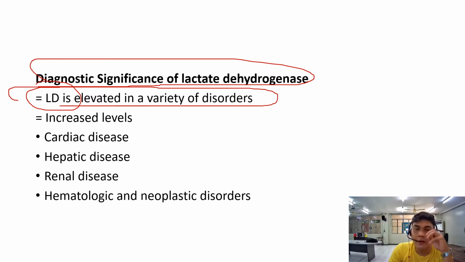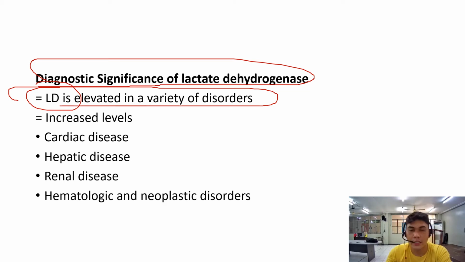It's better to measure the different isoenzymes of LD compared to using the total LD concentration. So an increase in total lactate dehydrogenase level is not specific.